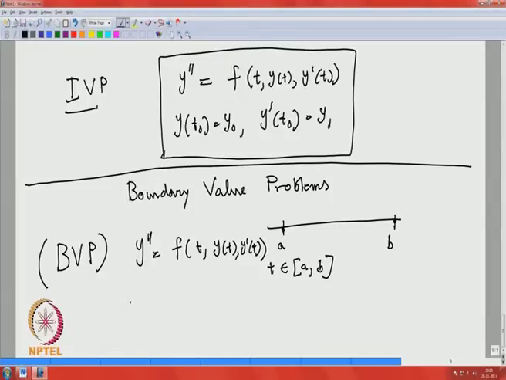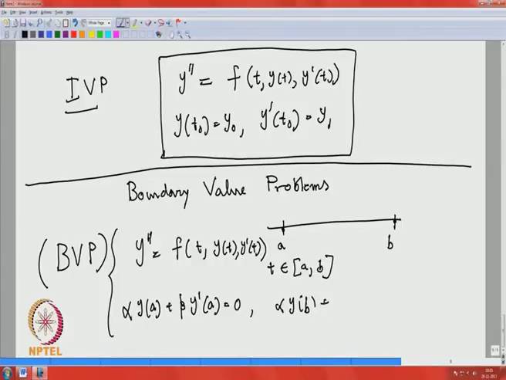I can put something like alpha into y of a plus beta into y prime at a equal to 0 if you want, and one more condition, something like alpha y at b plus beta y prime at b. It is a general thing.